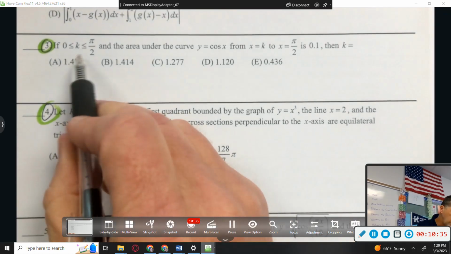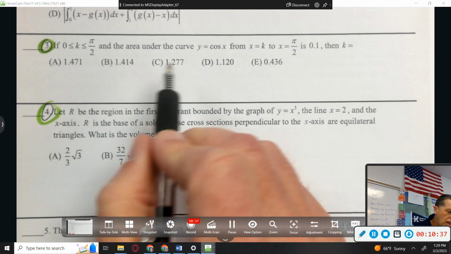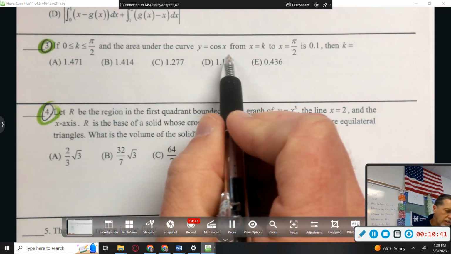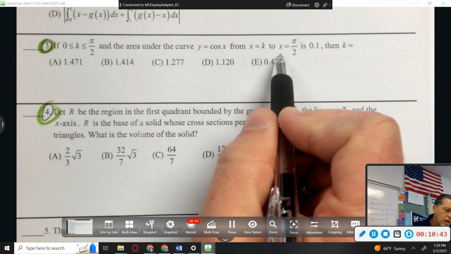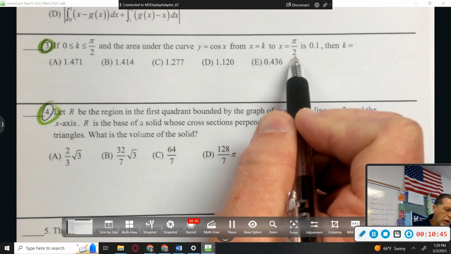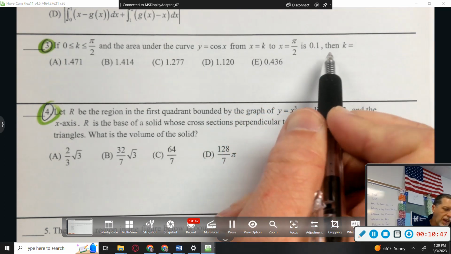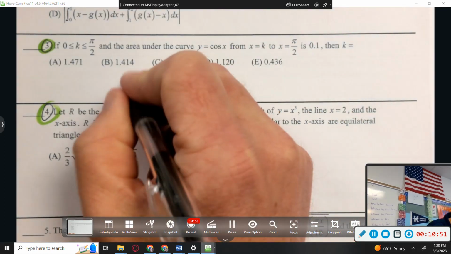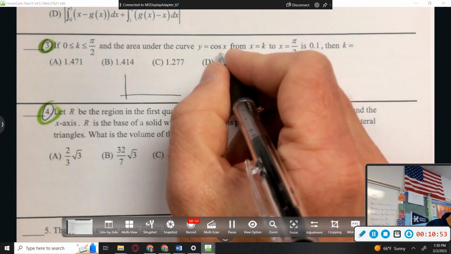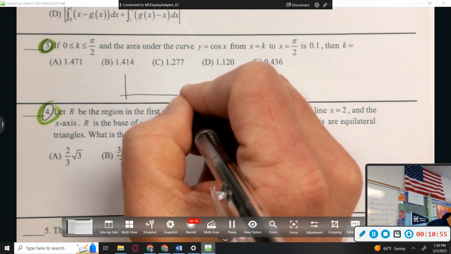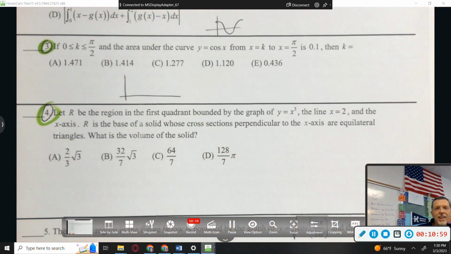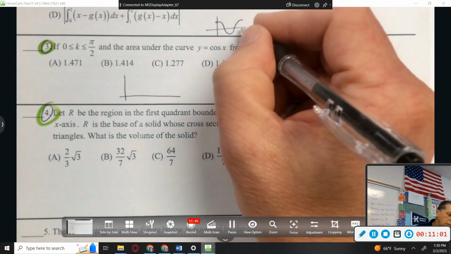All right, k is between 0 and pi over 2. The area under the curve y equals cosine x, from x equals k to x equals pi over 2 is 0.1. Then k equals... okay, so the cosine graph looks like that, from 0 to 2 pi.